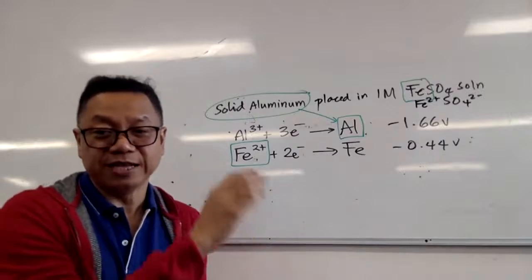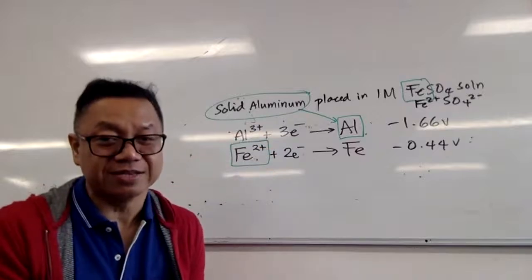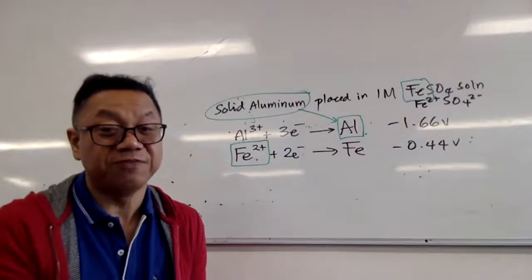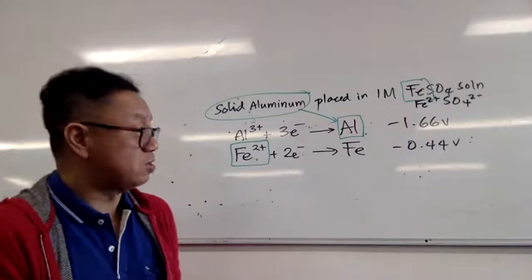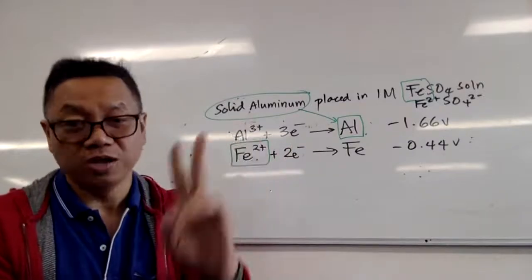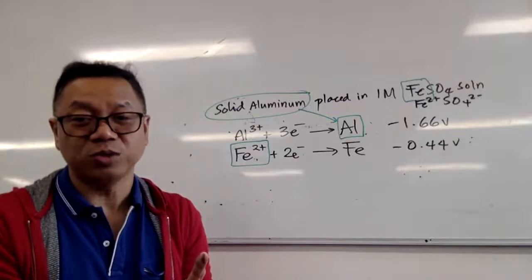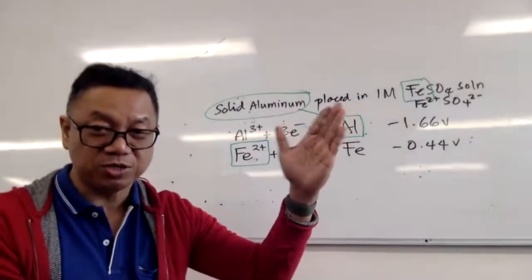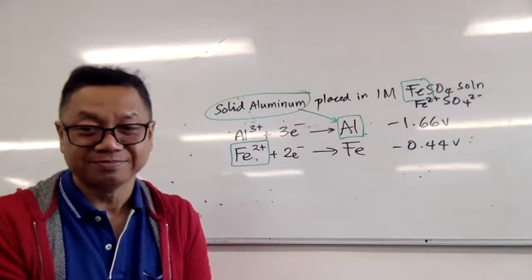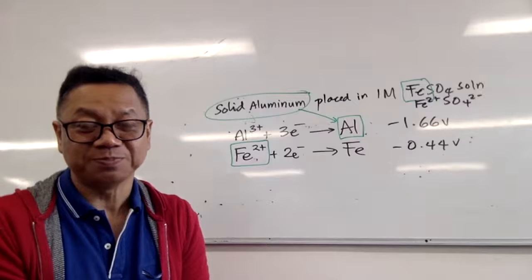The ones that are put in green are the reactants. Remember I need to flip one of them because both are reduction. Remember, one should be oxidation and one should be reduction. So I need to flip one of them. Which one would that be? The aluminum equation or the iron equation? We flip the first, according to Badrani. Do you agree?